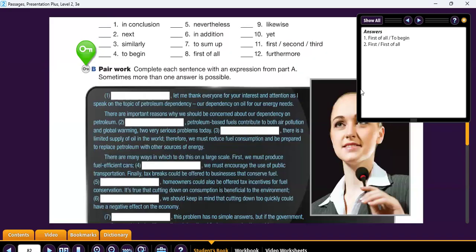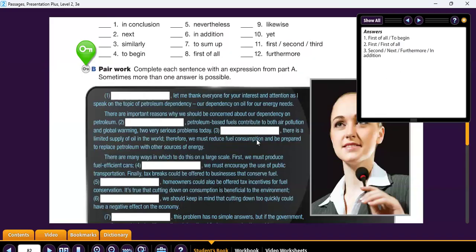First, petroleum-based fuels contribute to both air pollution and global warming. It's a very serious problem today. In addition, it could be in addition, or second, or next, or even further.